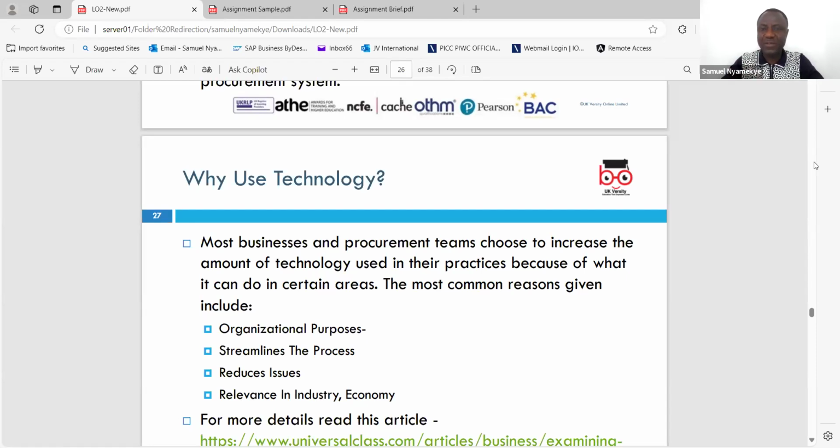So if there is a way by which we can make the system efficient, then one of the ways is to see if a particular technology will be able to do that quicker. Because if I'm getting somebody to type all this, it's going to take the person a whole day.